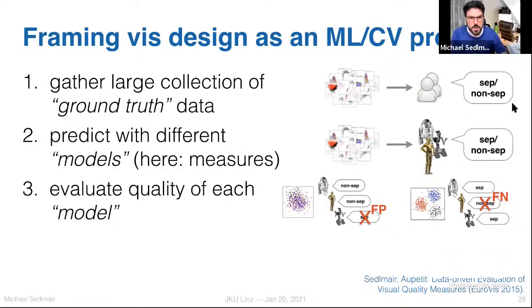And we only did it for one type of task, one type of visual encoding, scatter plots in that case. But that really makes a difference in how you can model the data and how accurate your models are. But I think what is important in the end, if you talk about human perception, is that you can be rather sure about the easy cases, but if it's getting tricky, there is really a lot of uncertainty just stemming from the human nature of the task.